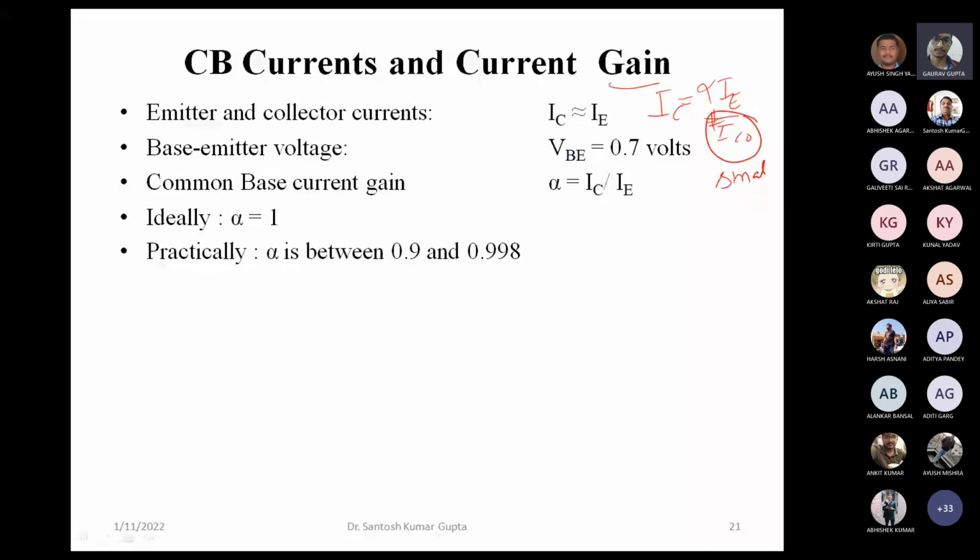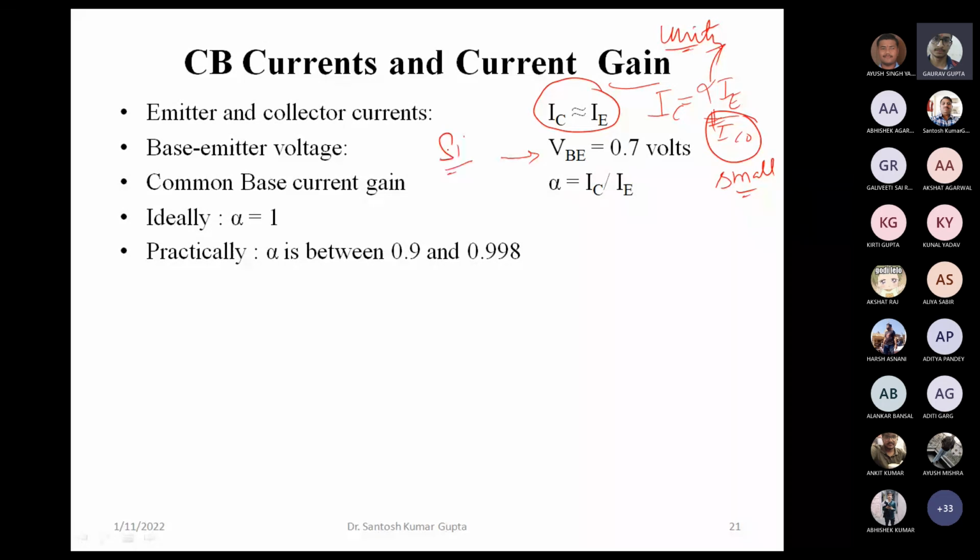Here alpha is very close to unity, so sometimes, as a very crude approximation, it is written like this, that IC is almost equal to IE.